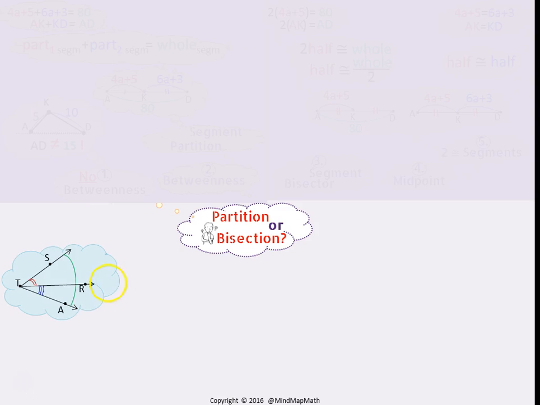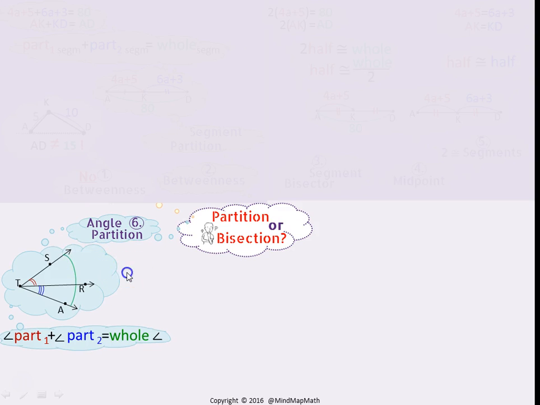We can say this in a common sense way that will determine for us what angle partition actually is. We will say that angle part 1 plus angle part 2 make up the whole angle.